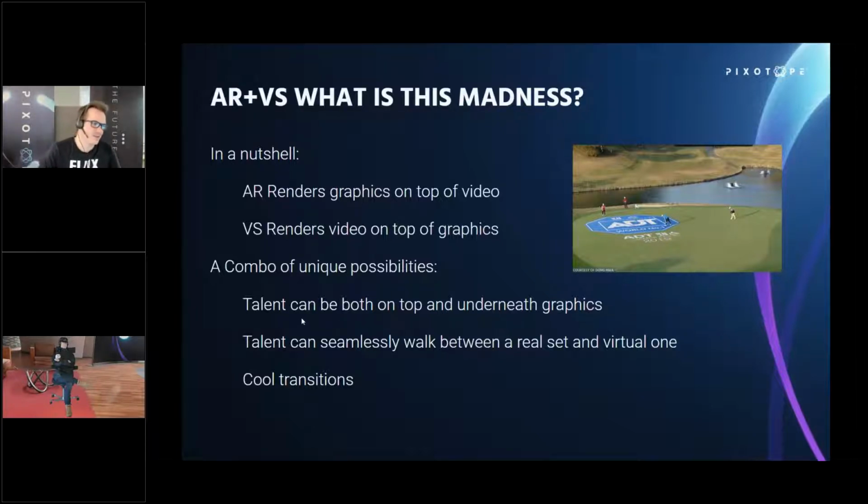So this means that a combination of these two would give you some unique possibilities. Like it means that the talent can be both on top and underneath the graphics, as long as you have a green screen. And a talent can also seamlessly walk between a real set and a virtual one.